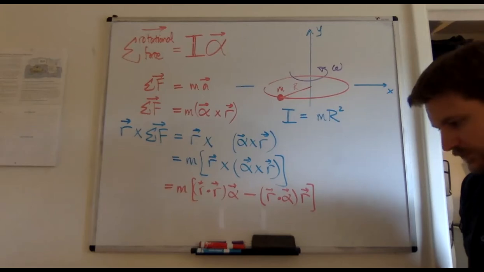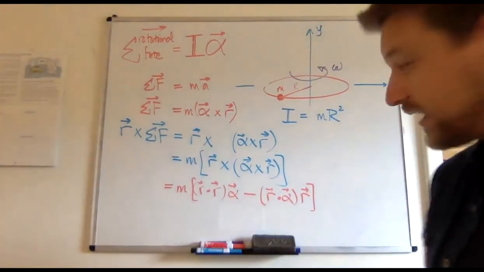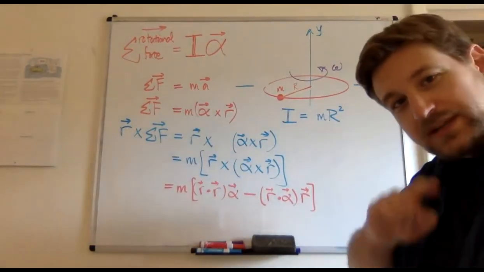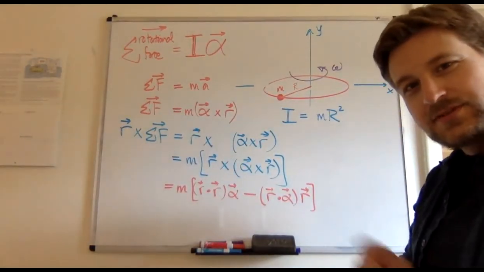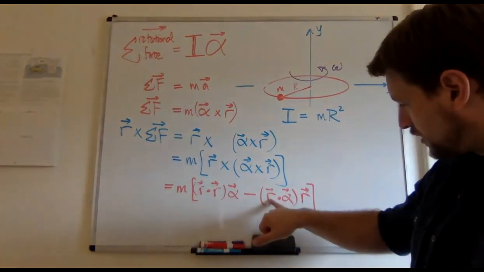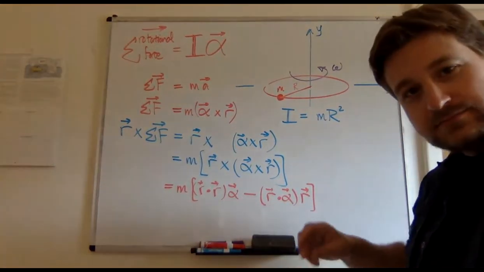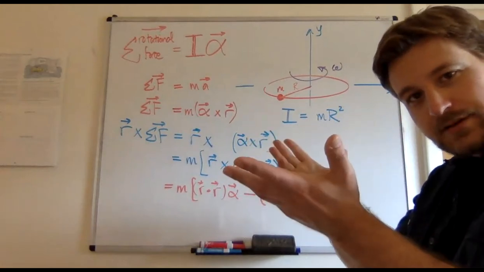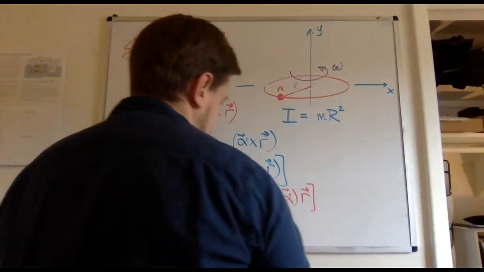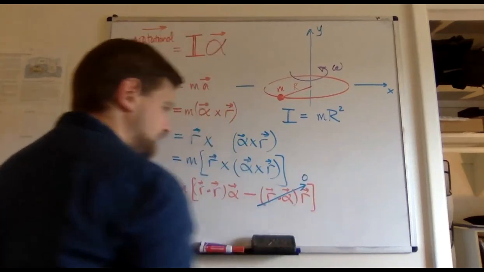R, the radius vector, is in the xz plane, perpendicular to the positive y direction, the direction of alpha. R and alpha are perpendicular, so that dot product is 0. That whole term goes away.